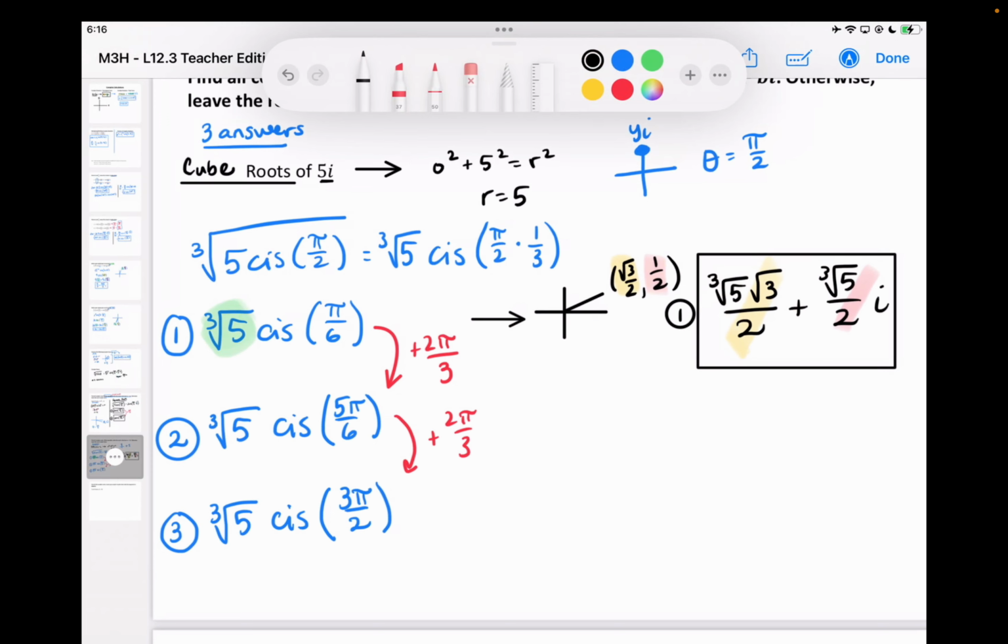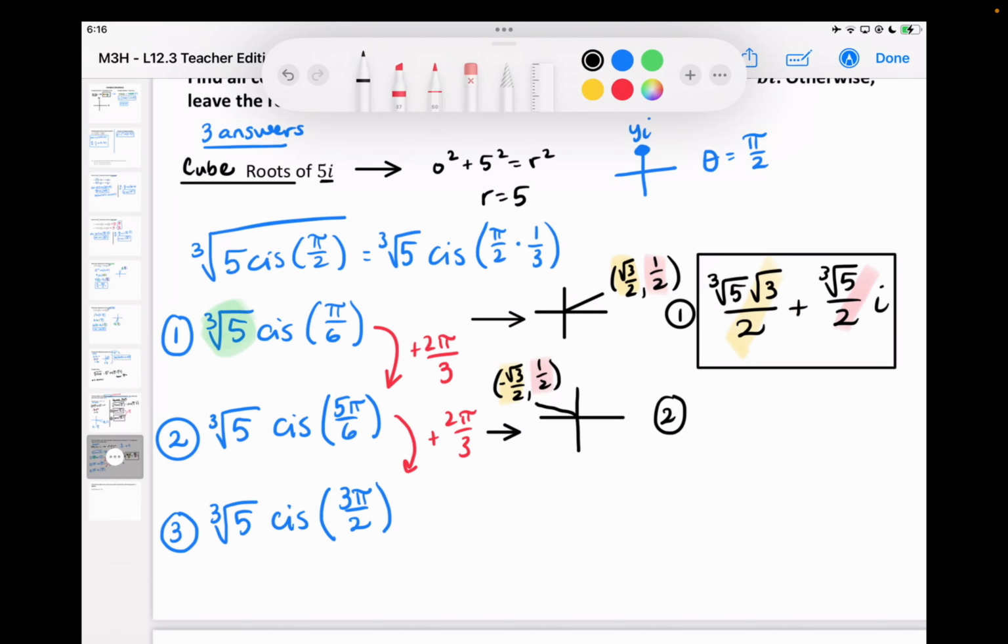Same idea. So for the second one, I'm going to think about the unit circle really quick. 5 pi 6 is over here. And that is negative square root of 3 over 2, positive 1/2. Which means you'll notice that they are essentially the same coordinate, just there's a negative on the x value.